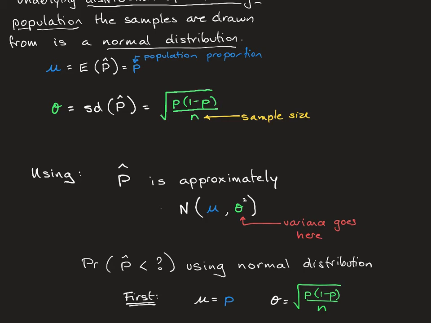So that's what we're going to practice doing. We're going to practice finding an approximate probability using the normal distribution. And to do that, we need to first find out our mean and our standard deviation from the information in the question. So let's have a go at a question.